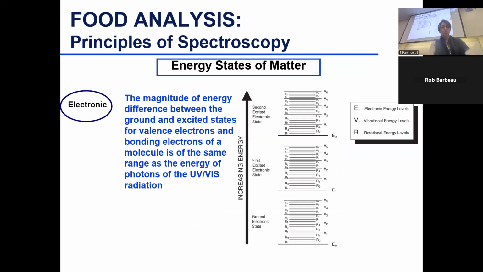Okay, so this is relevant. The energy that is allowable under the electronic energy levels within an atom or within a molecule falls within the UV visible range of energy.